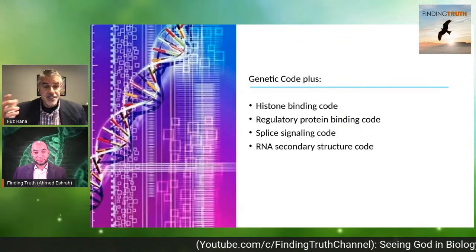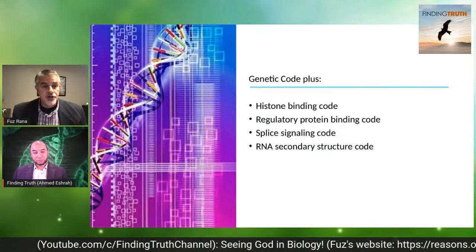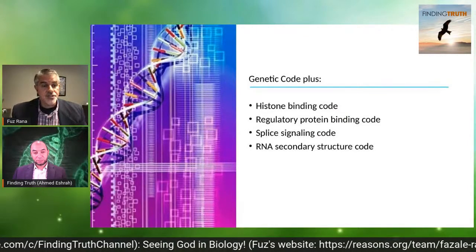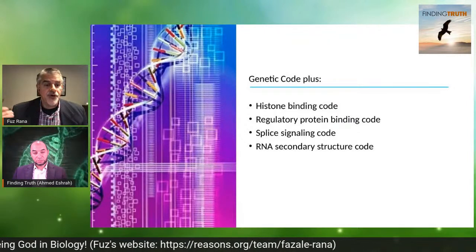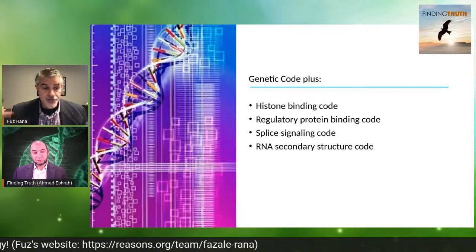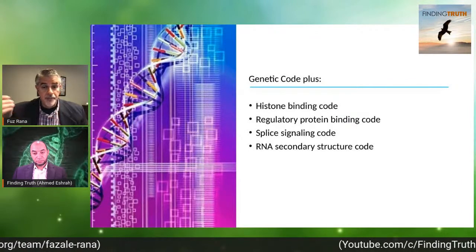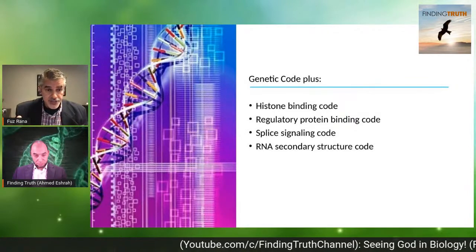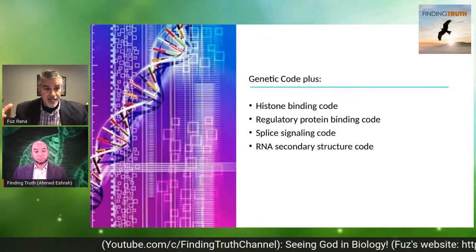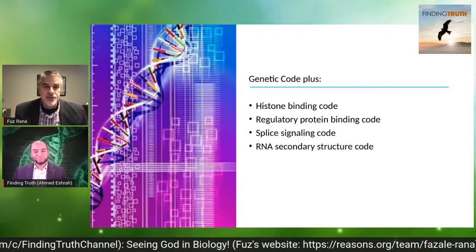Amazing. And in addition to the genetic code, there are other codes that are imposed on top of the genetic code. So within a stretch of DNA, you have multiple overlapping codes that are doing different things. Some of those codes are coding for proteins, others are coding for histone binding, which is necessary for creating the three-dimensional compact structure of DNA in the nucleus.